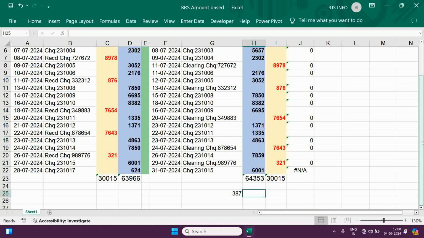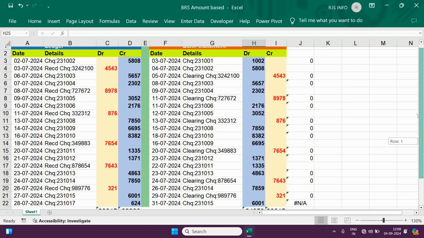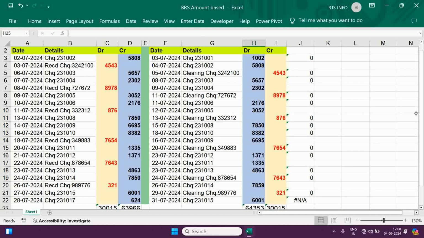It means last month's entry was also encashed in this month. So like that we have to come to the conclusion. Otherwise there is some possibility that there may be bank charges or other charges. We have to check. Here the check number is given, so based on that we can conclude that the check was issued last month and encashed only this month.